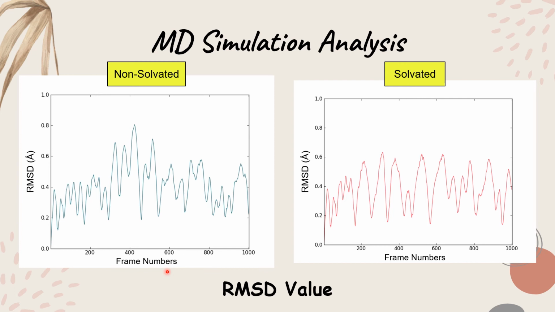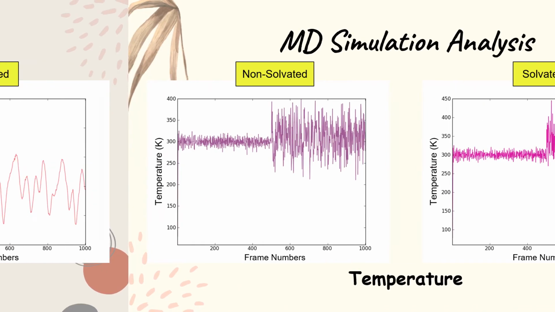After solvation, the RMSD value is said to be fairly stable along frame number 200 to 950. Both graphs show RMSD of below 2.0 angstrom, hence considered to have a good RMSD value.